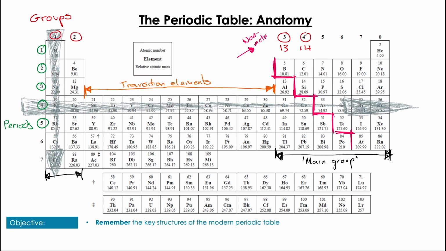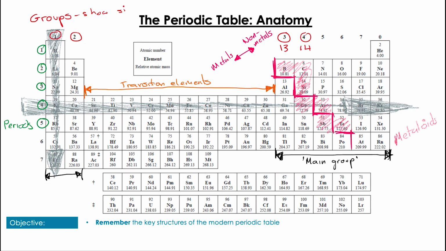The line is not fixed, however, and many of the elements that lie along the side of these lines have properties of both metals and non-metals, and we call those metalloids. At the bottom we have the lanthanides and actinides, but we don't pay particularly strong attention to those in IB.